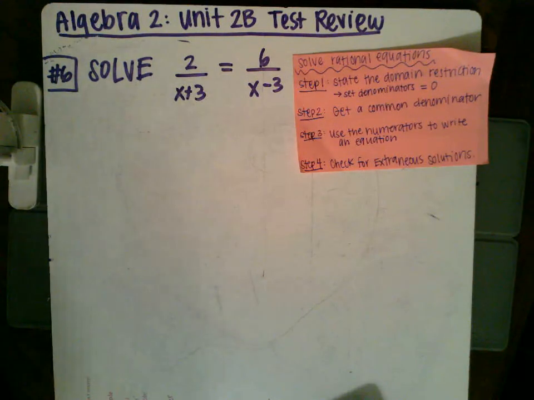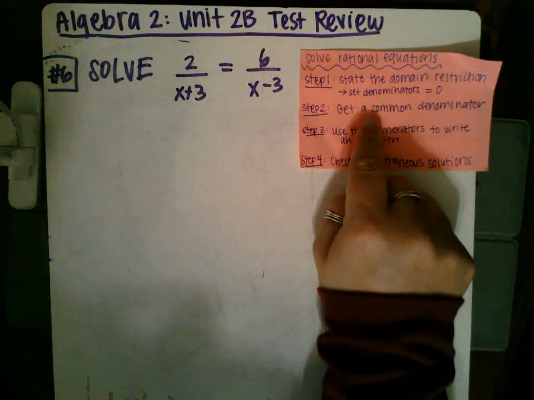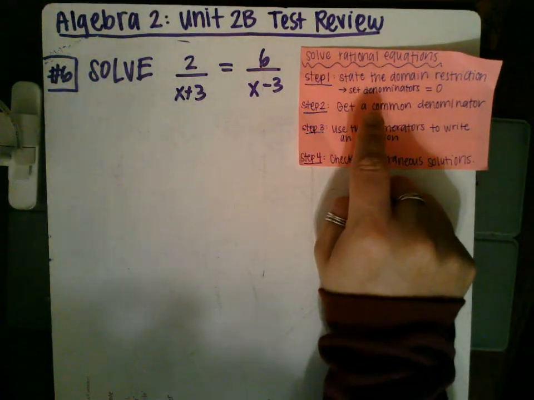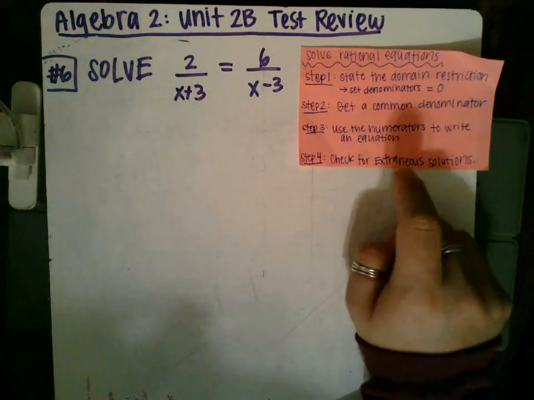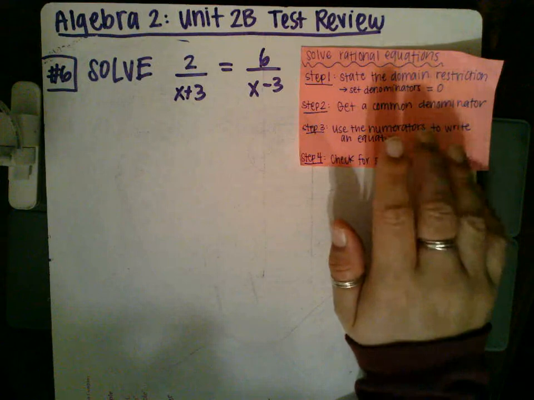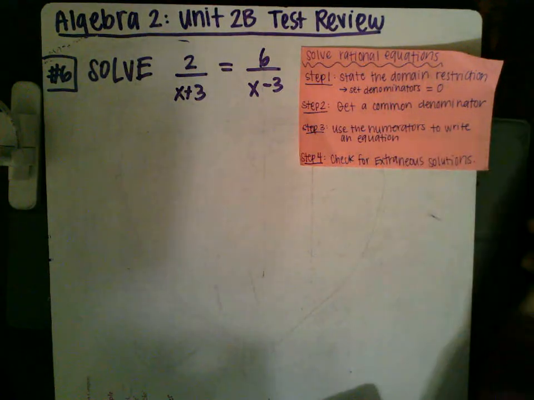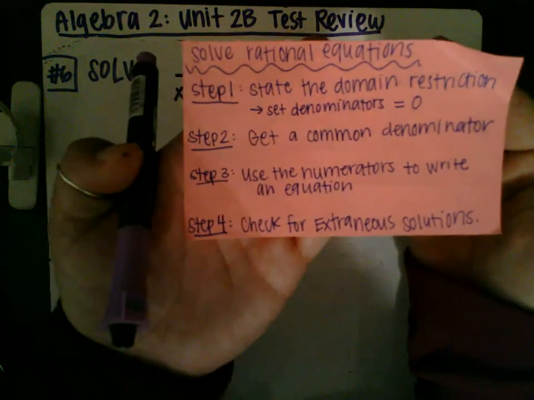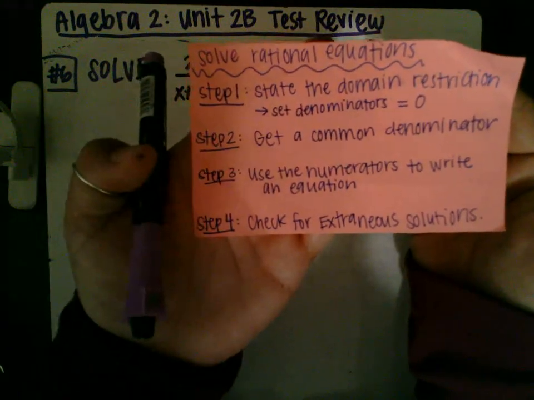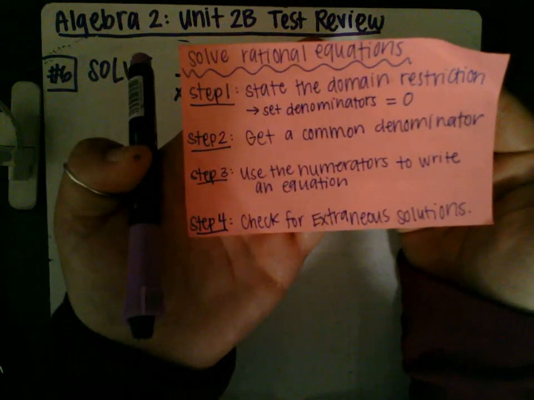We had to figure out where the denominators are equal to 0. Step 2, get a common denominator. We still need a common denominator. Step 3, use the numerators to write an equation. Step 4, check for extraneous solutions. When we're solving, we must follow this 4-step process, okay? So if you don't have this written down somewhere, or maybe it's lost in your notes, go ahead, pause the video, take a second to write it down.